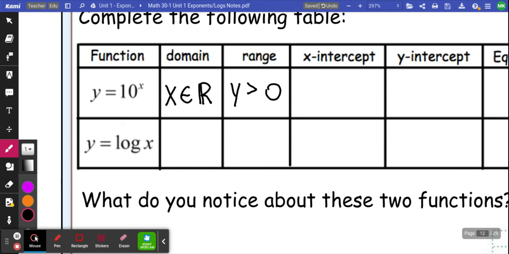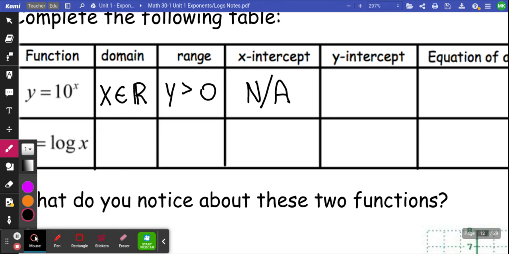Remember, on our exponential functions, it was up. It was in quadrants 1 and 2. Never did it go below 0. Never did it equal 0. So there's no equal sign there. X-intercept. There was no x-intercept, not one there because you can't cross the x-axis. Y-intercept.